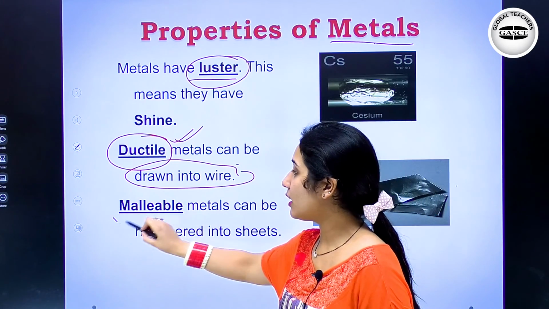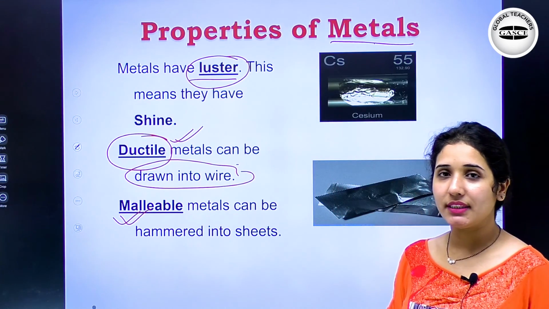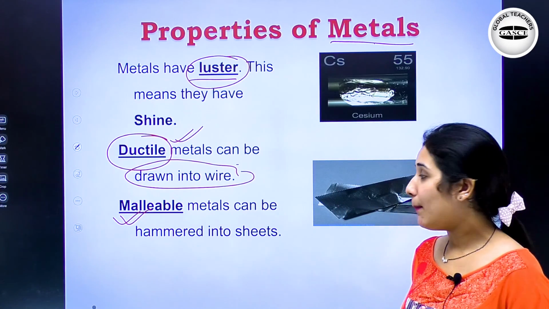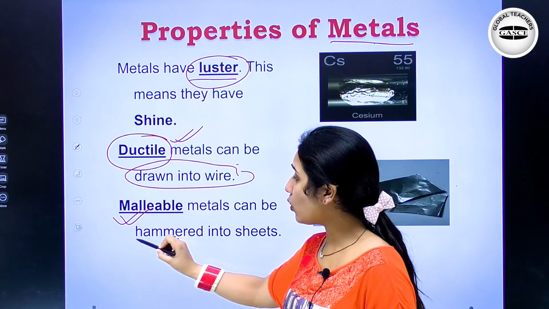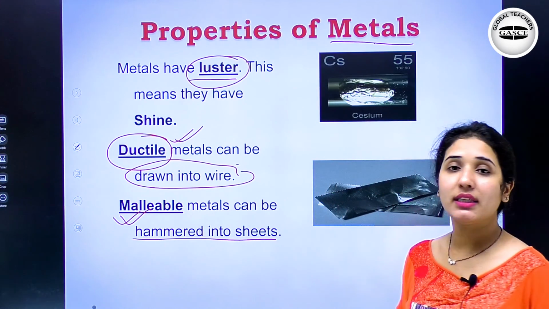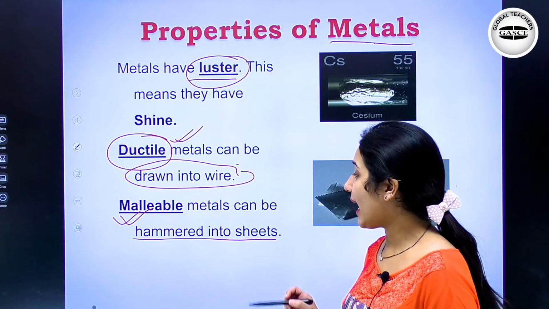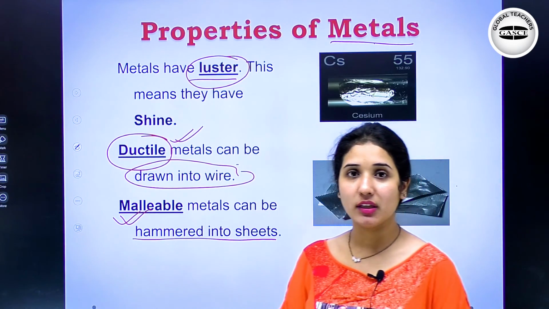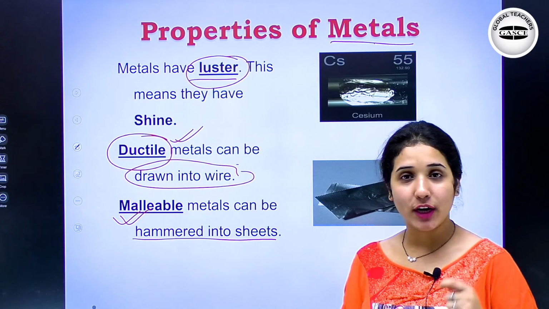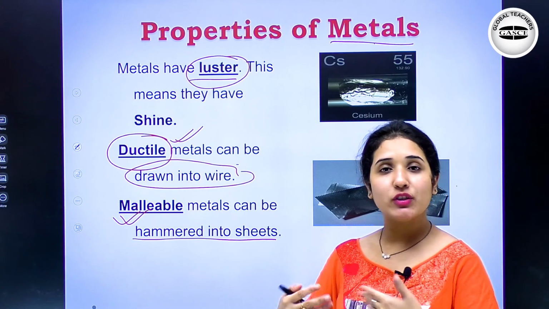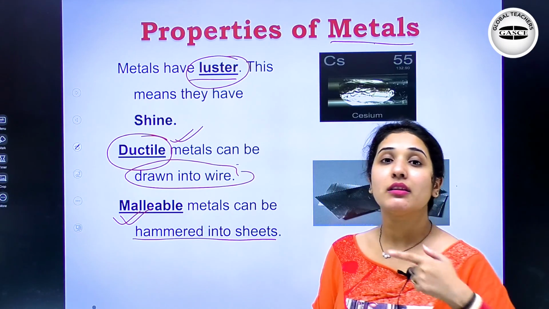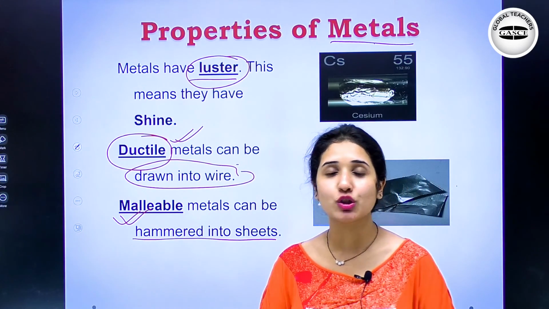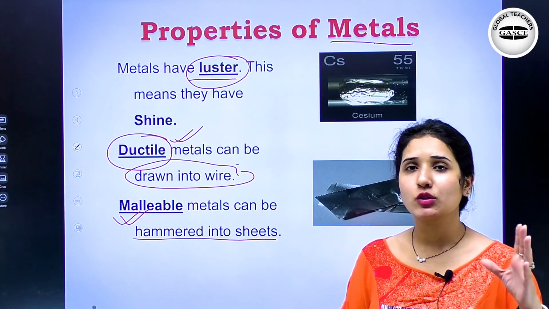Next we have the third property, which is malleability, and the elements which show the property of malleability are known as malleable. With the help of this property, these metals can be drawn into very thin sheets. Like if I talk about aluminium, you must have seen aluminium foil at your home, in which we wrap up our food, and this same aluminium is used for the construction of aeroplanes.